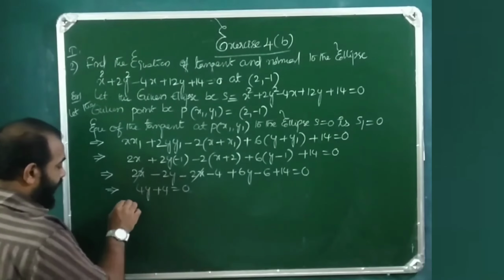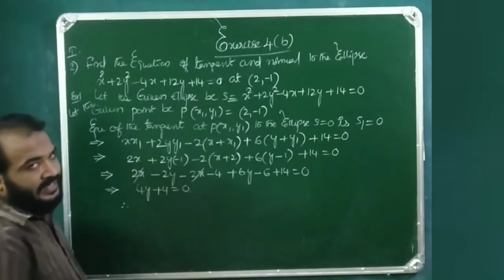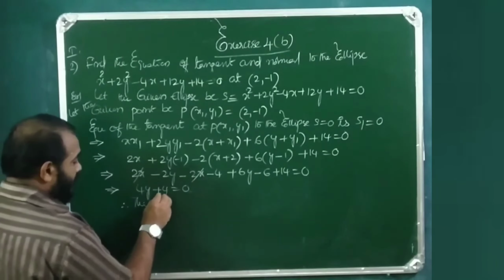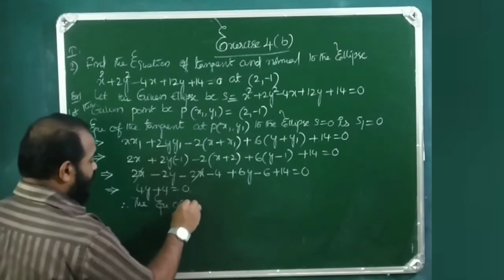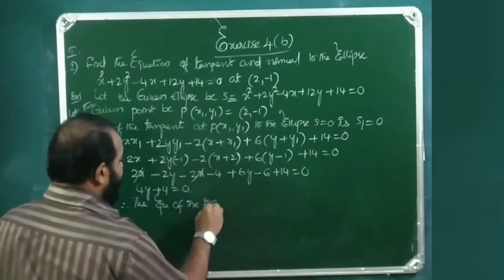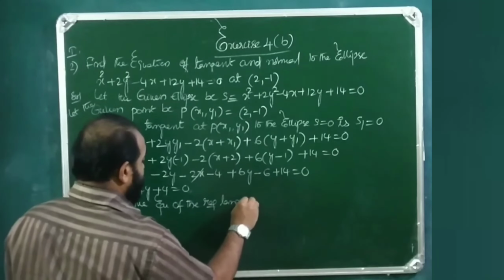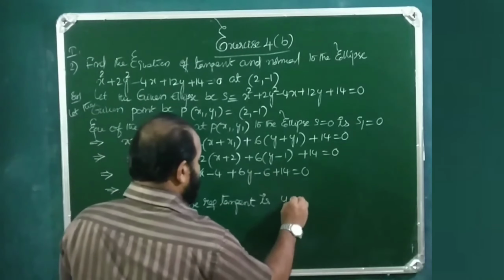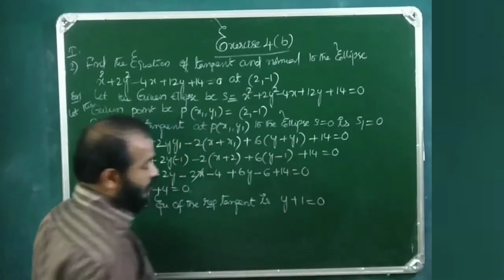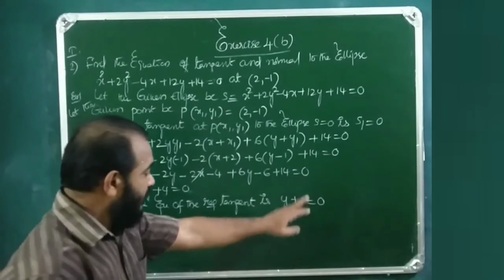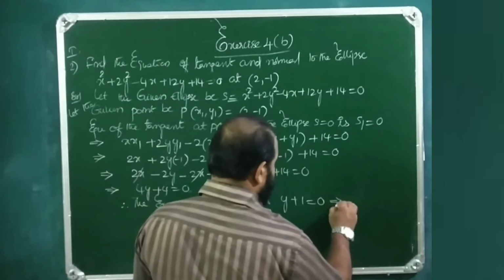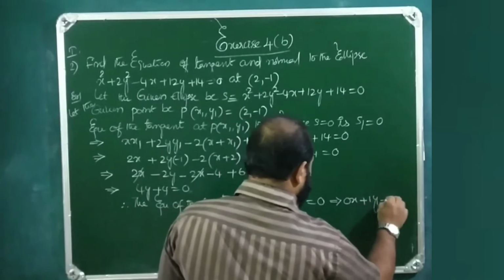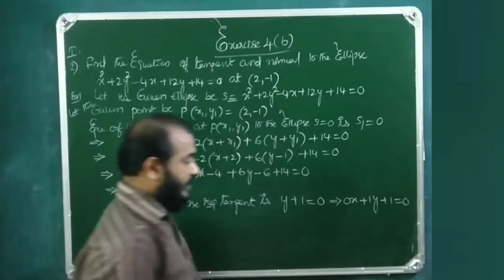If you take 4 in common and cancel, the equation of the required tangent is y plus 1 equals 0. To be more specific, this can be written as 0x plus 1y plus 1 equals 0.